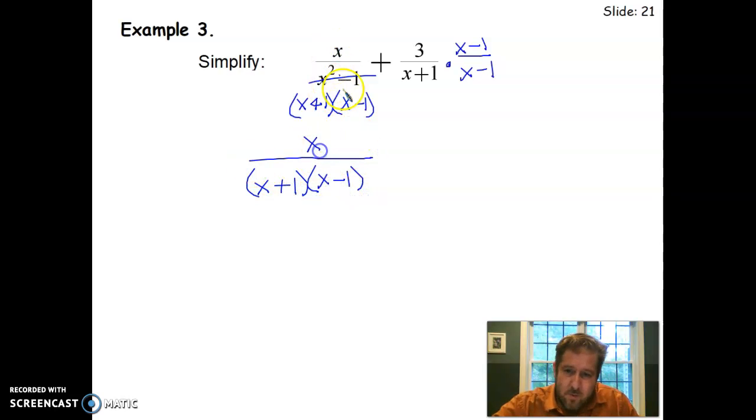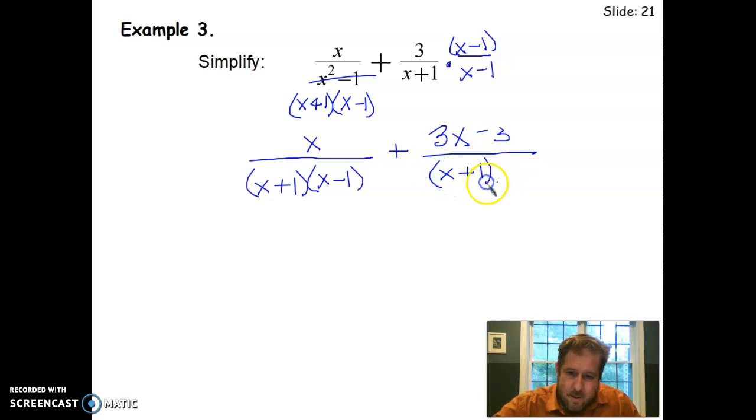Now this one was already like that, so that's just x plus, now remember I've got to distribute, so 3 times x is 3x, and 3 times negative 1 is negative 3. And it has the exact same denominator. So now I can simply add the numerators.